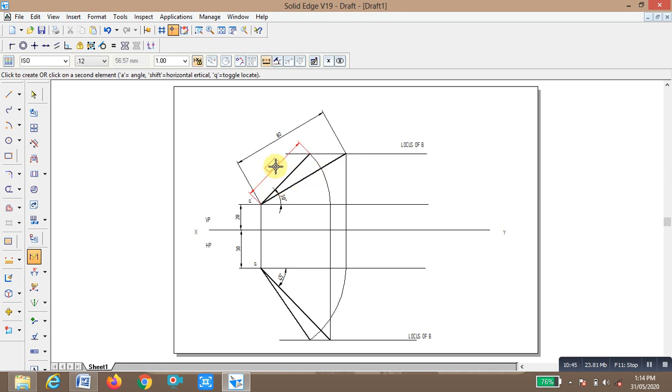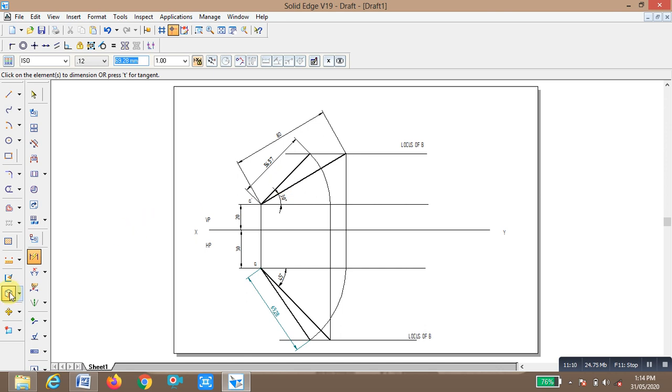In the top view the length measures 69.28. In the front view the apparent length is 56.57. Now the angle this apparent length makes with the horizontal plane: we check the angle between this apparent length in the front view and this line.